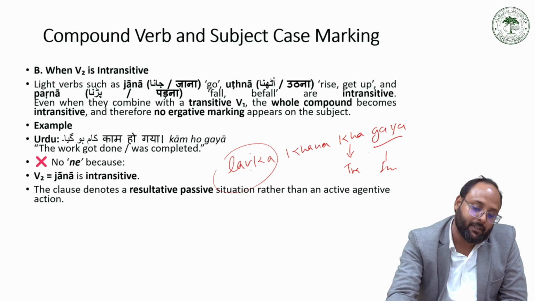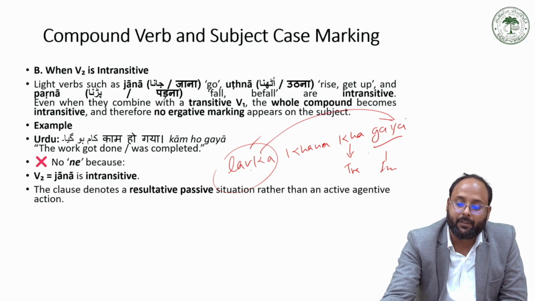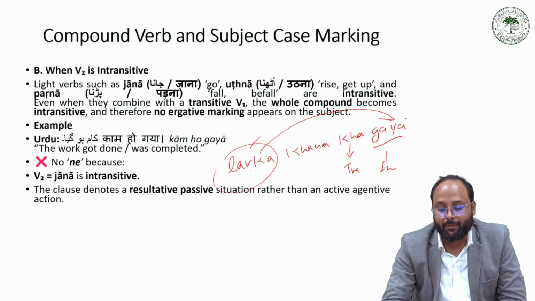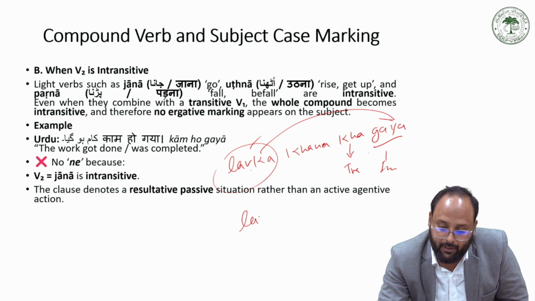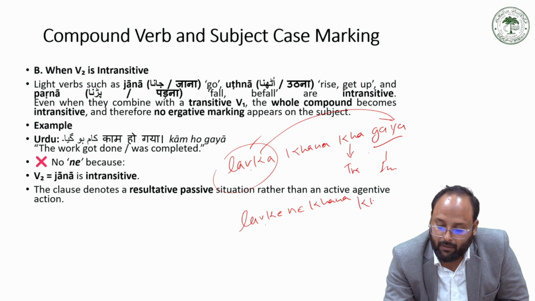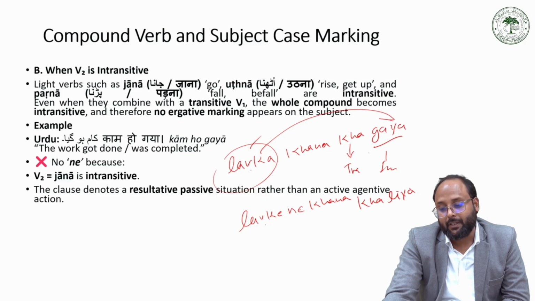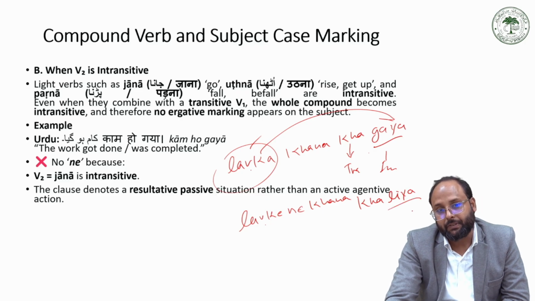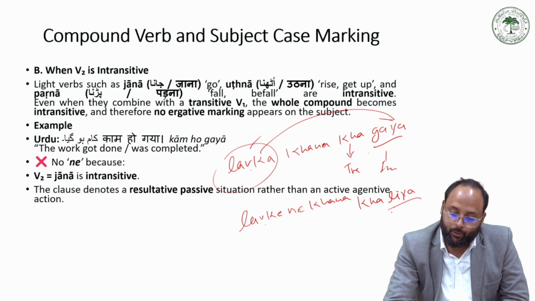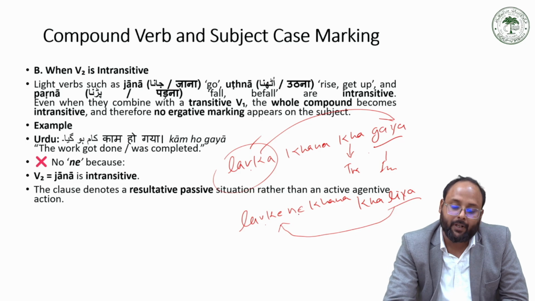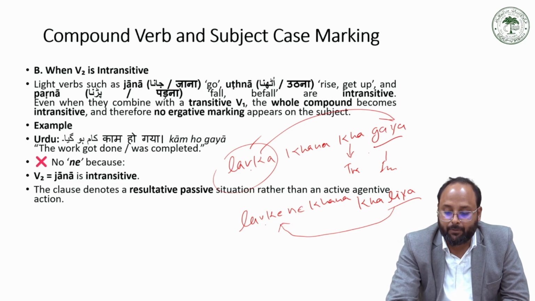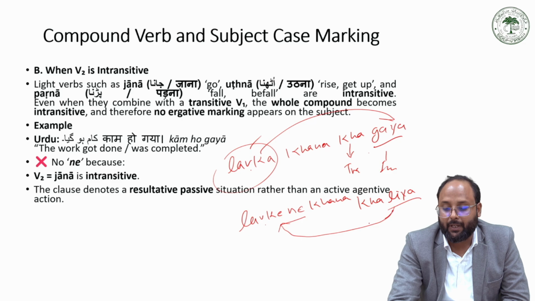Otherwise, it is in the nominative case and it will agree with the V2. And when we say लड़के ने खाना खा लिया, here liya is transitive and it is in the perfective aspect. So it cannot agree with the subject because the subject is marked with the ne marker. So it will agree with the object.